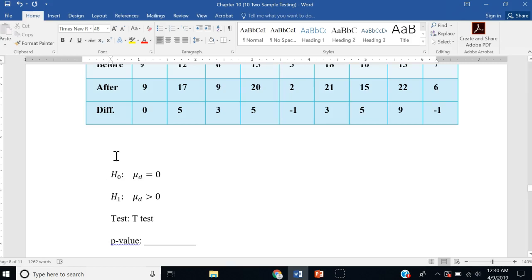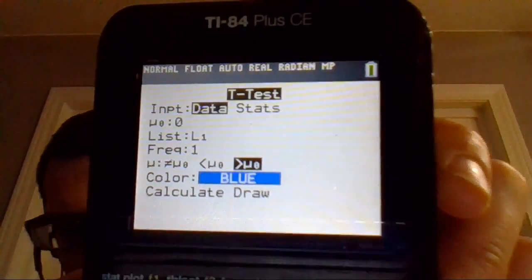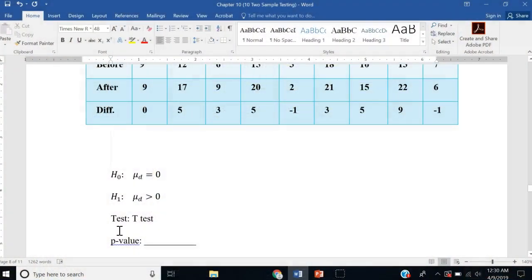So as far as what your calculator should look like, let me flash that up there. Your calculator screen looks something like that. Calculate that, and you should end up with a p-value of 0.0116.